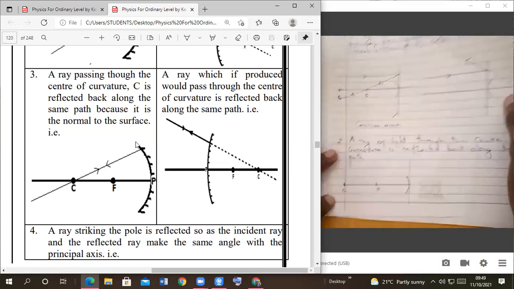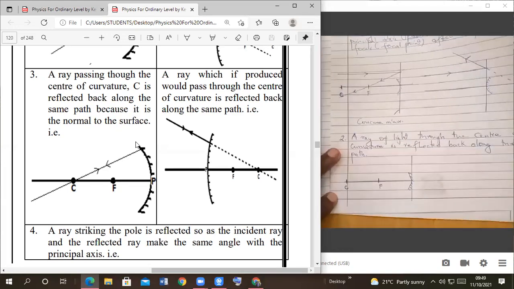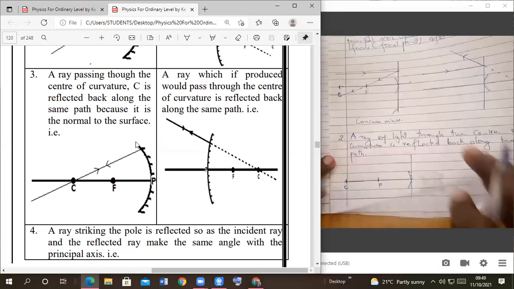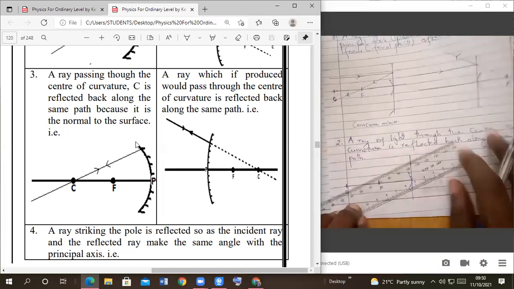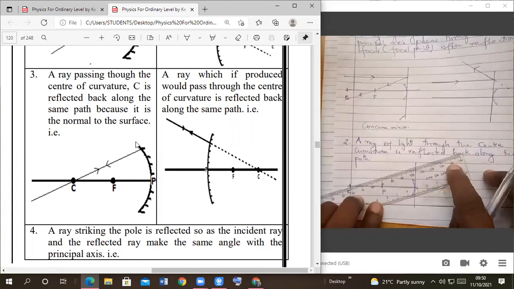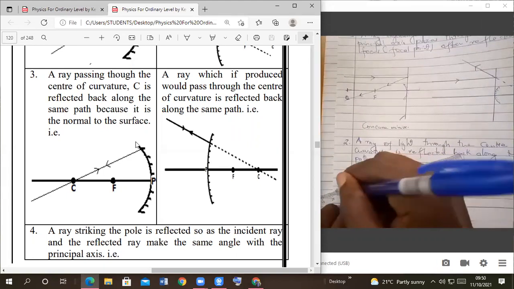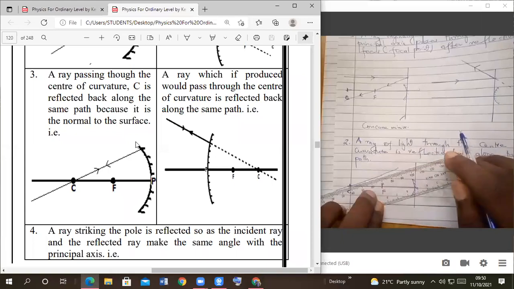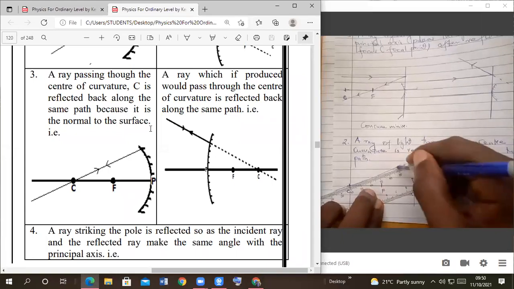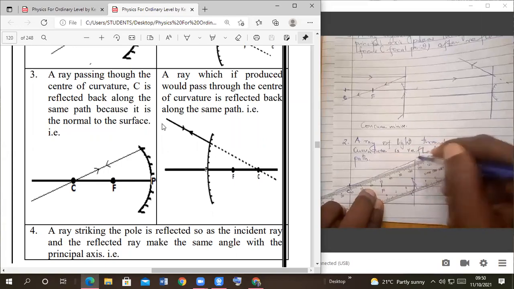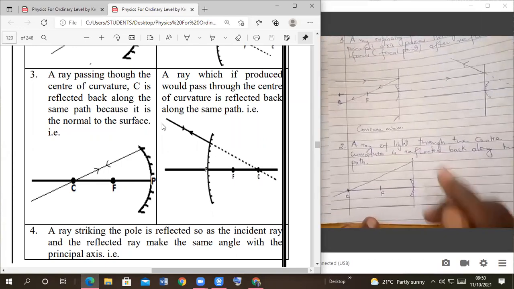So we are saying a ray of light through the center of curvature, which means it will be like this. Like that.